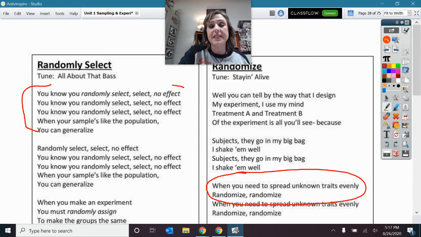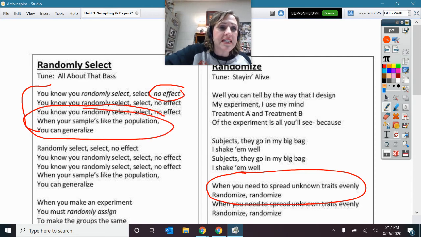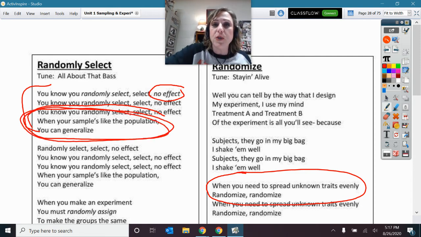I say no effect because random selection doesn't mean we can do cause and effect. It was random assignment that allowed us to do cause and effect. When your sample is like the population, you can generalize. That's the key right there.